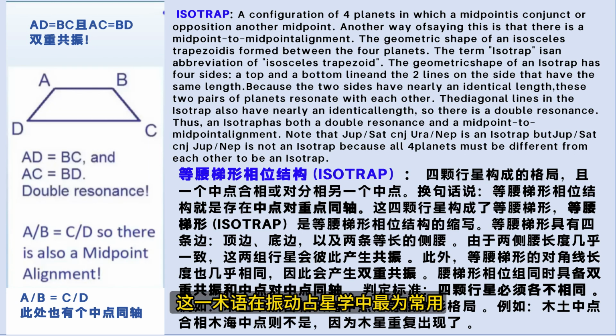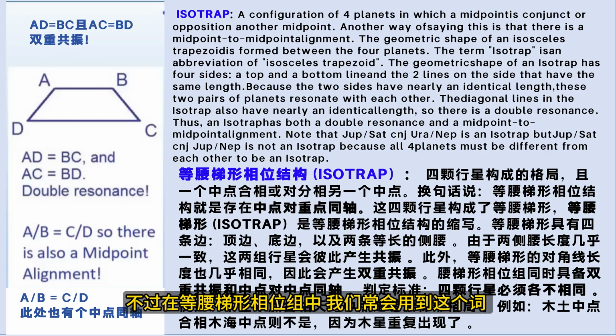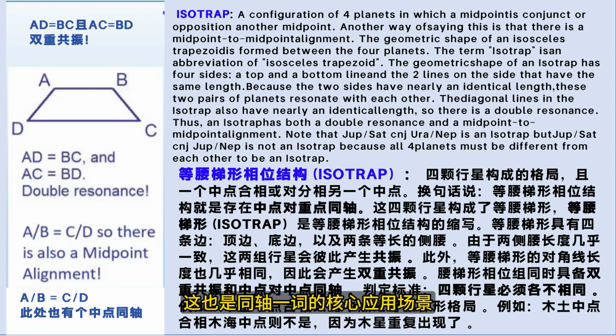And where we hear this term the most in vibrational astrology, I can't think of any other context where we hear it very often. Maybe there is one I'm not thinking of. But one place where we hear it a lot is with isotraps. So let's learn what an isotrap is, and this is often where we also hear the word alignment.